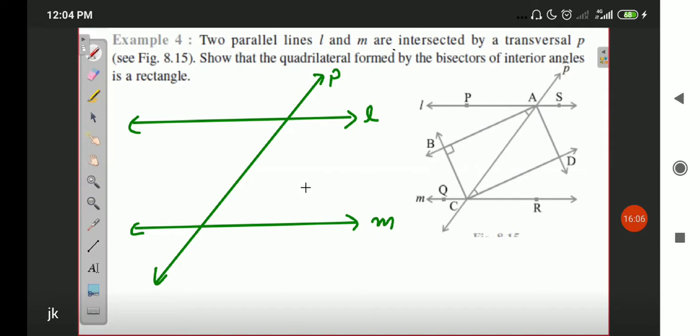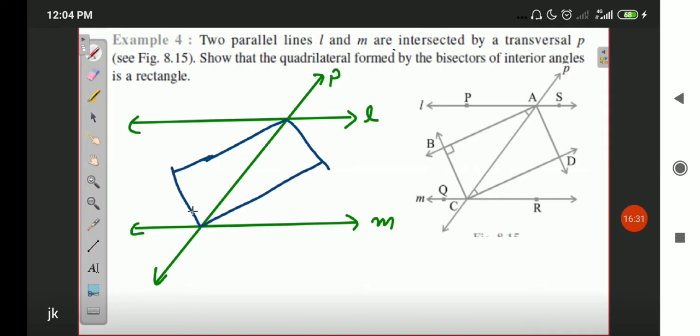Four are exterior angles, four are interior angles. Angles between the parallel lines are called interior angles. So there are four interior angles: first is this one, second is this one, third is here, and fourth is here.